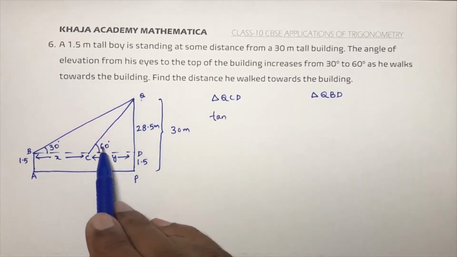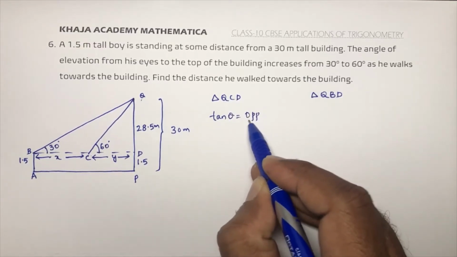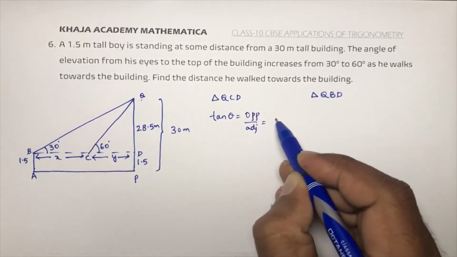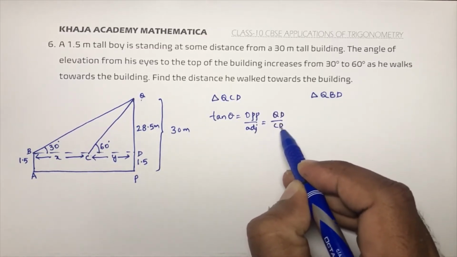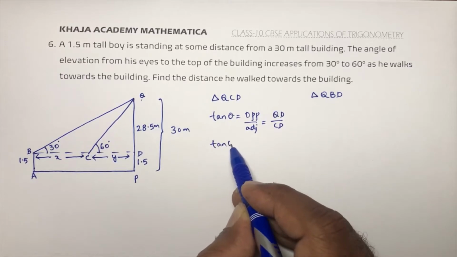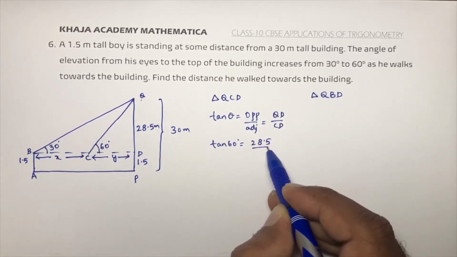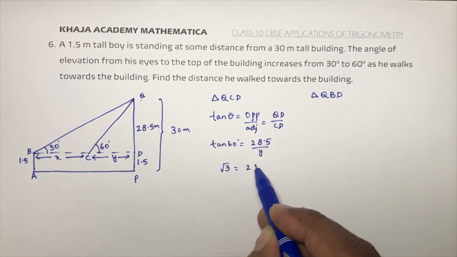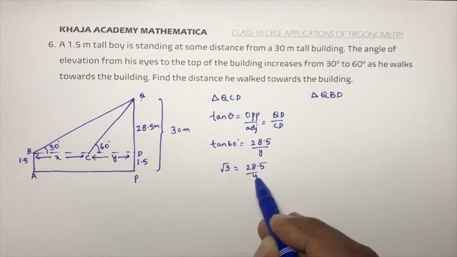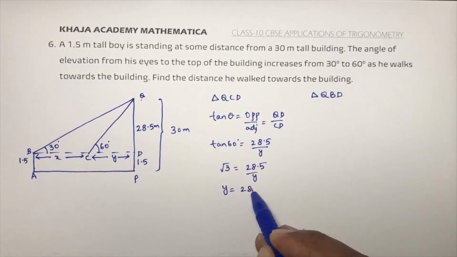So I'll use tan theta, opposite and adjacent values. Tan theta is opposite by adjacent. So here opposite is QD, adjacent is CD. So tan 60 degrees is 28.5 by Y. Tan 60 is root 3, so root 3 is 28.5 by Y. If we cross multiply, Y equals 28.5 by root 3.